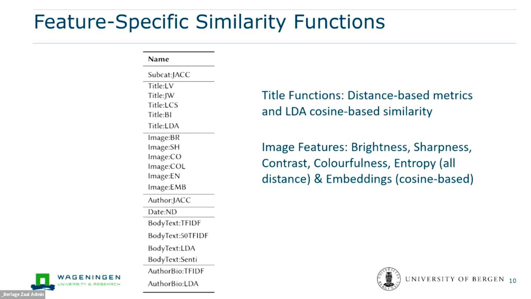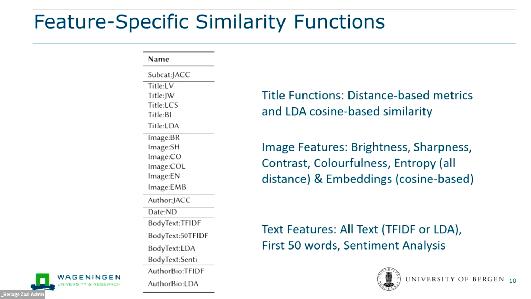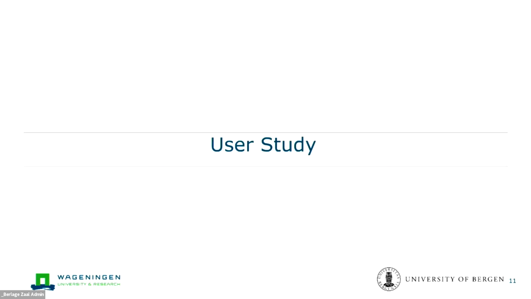We checked the date, we checked who wrote the news article. We had text features where we differentiated between the entire body text of a news article, but also the first 50 words, because perhaps people might stop reading at some point, and sentiment analysis and an author's biography.